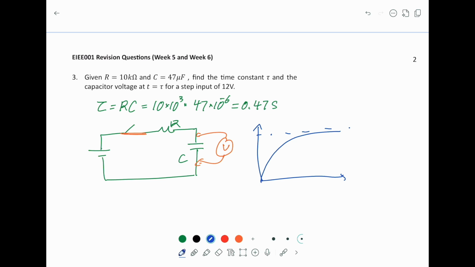and this one is V, and when the time equals 1 RC, one time constant, in this particular case is 0.47 seconds. What value do you have?